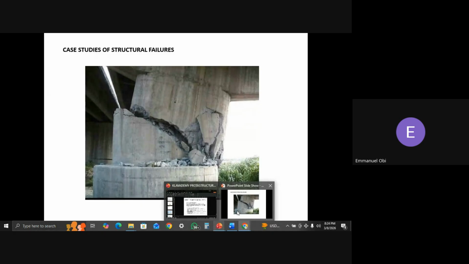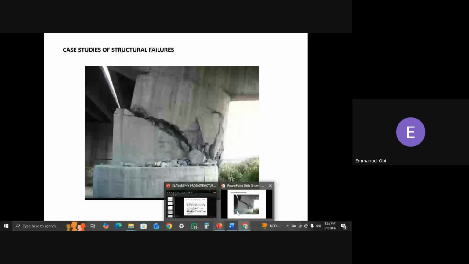something like for a bridge, you can do what we call retrofitting. A retrofitting is like setting reinforcement around the failed structure and building another pier or column to support that very area of the structure.